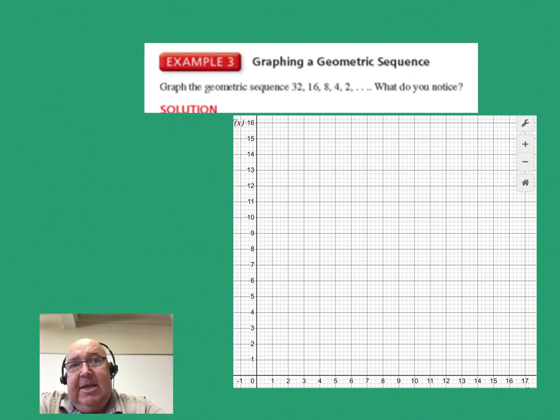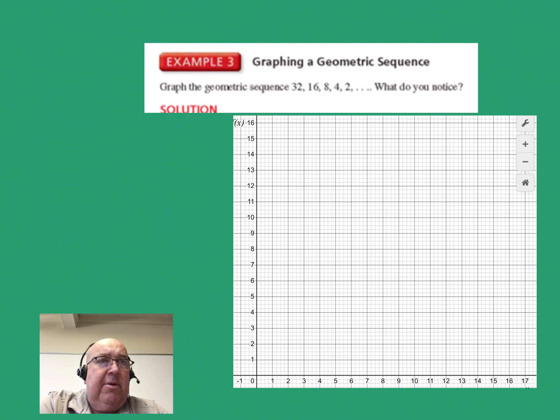Now we're looking at graphing a geometric sequence. So in order to do that, we're going to have term 1, term 2, term 3, term 4, term 5. So our first one is I'm going to leave it off at 1 and 32 because I didn't make a big enough graph. Our second one, we're going to have 2 and 16.